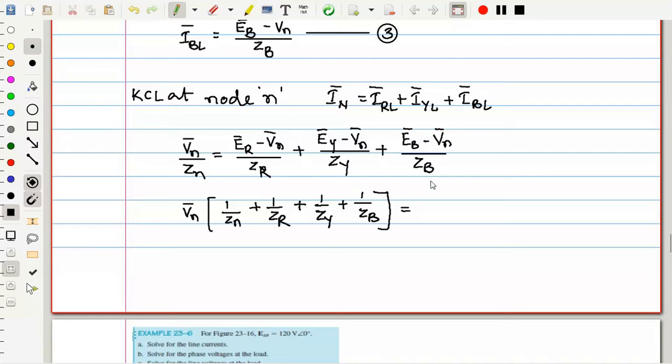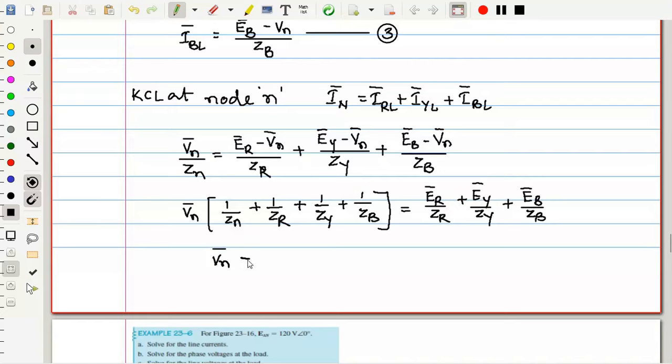So that is equal to ER divided by ZR plus EY divided by ZY plus EB divided by ZB. Now from this you can write the Vn equation.